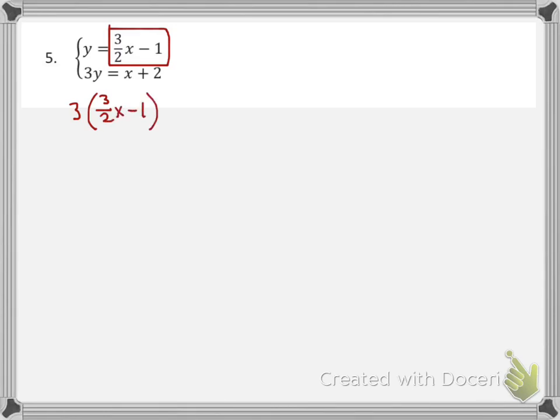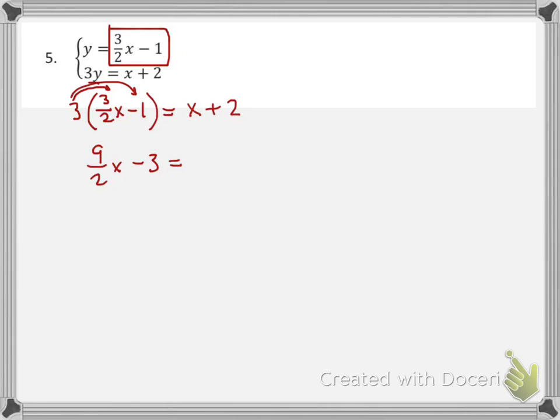That takes the place of this y, and it's equal to x plus 2. Now simplify. 3 times 3 halves x is 9 halves x. And 3 times negative 1 is negative 3. And that's equal to 1x plus 2.